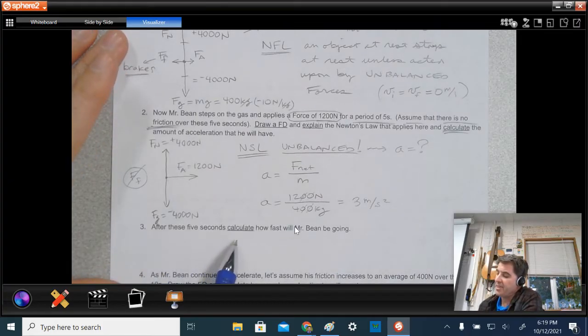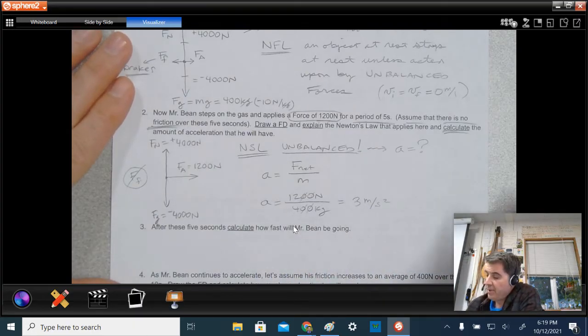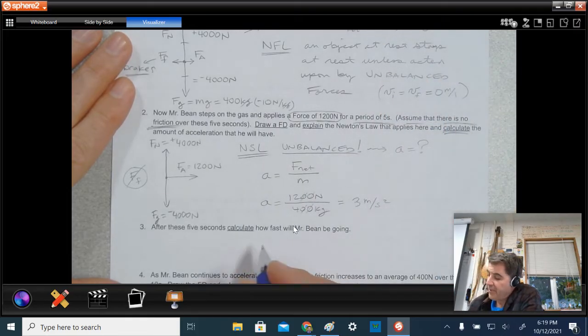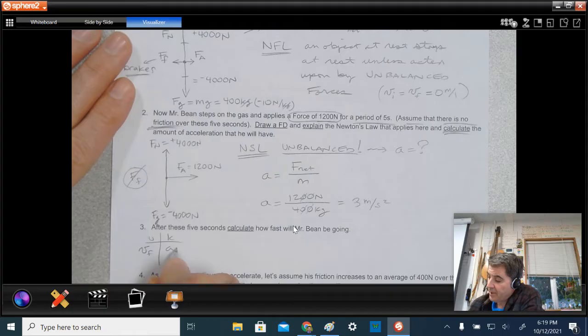after these 5 seconds, calculate how fast Mr. Bean will be going. So I look at my equations and I'm thinking to myself, okay, what do I have? I want to know how fast. That is my unknown. And my unknown is VF. I know my acceleration is 3 meters per second squared.